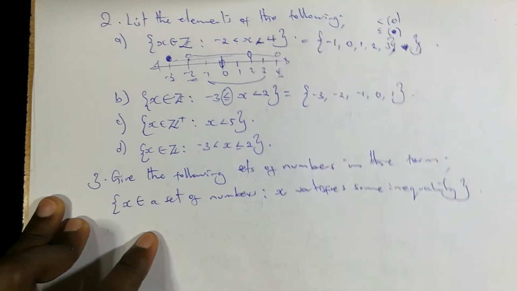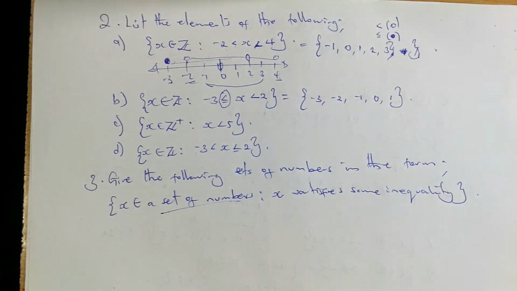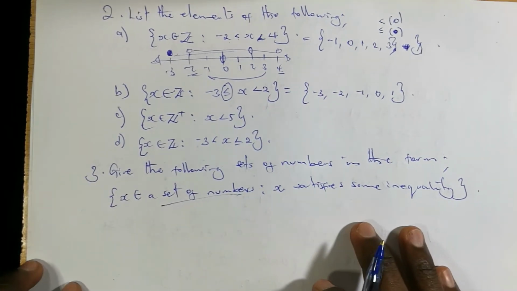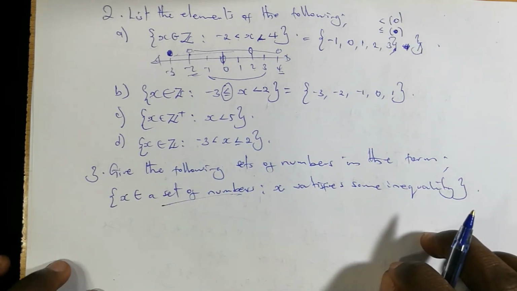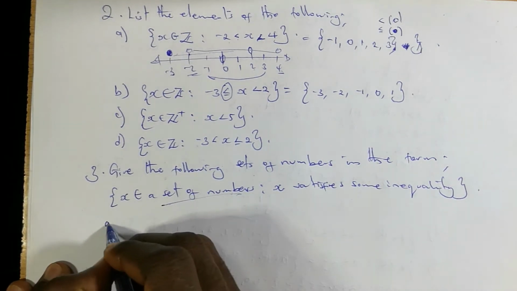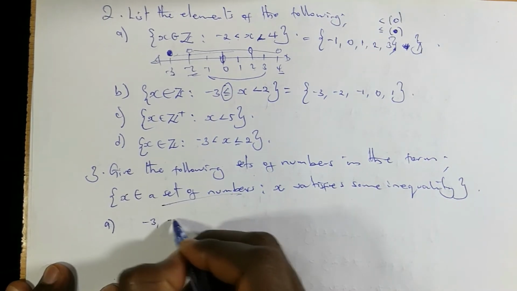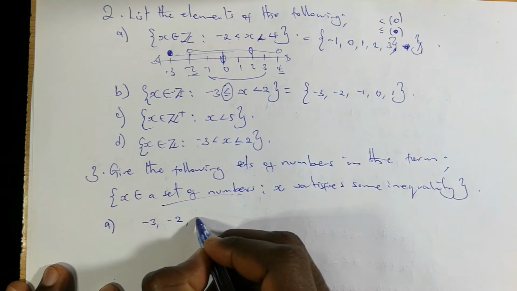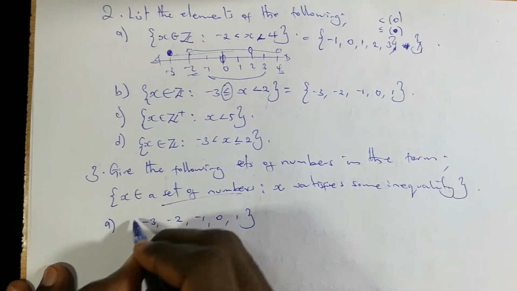This being a set, that's a set of numbers, would be natural, real, could be integers, positive, negative, rational, or irrational numbers, satisfying some inequality rule. First we can look at, let me say, -3, -2, -1, 0, 1, and 2.